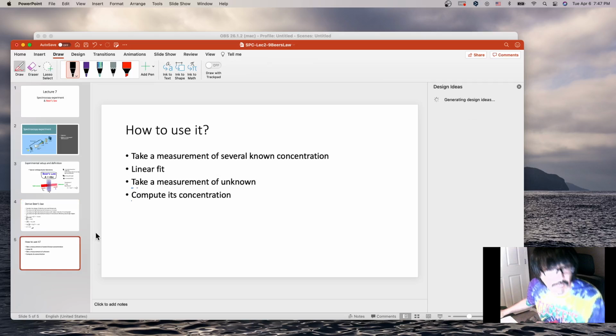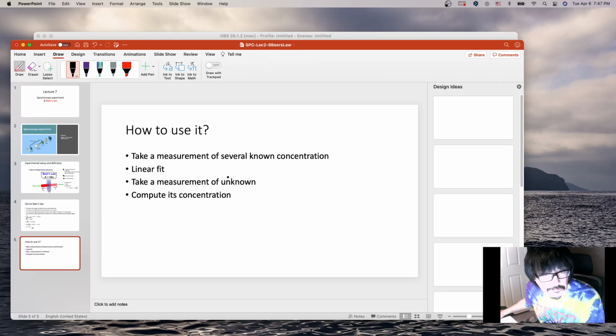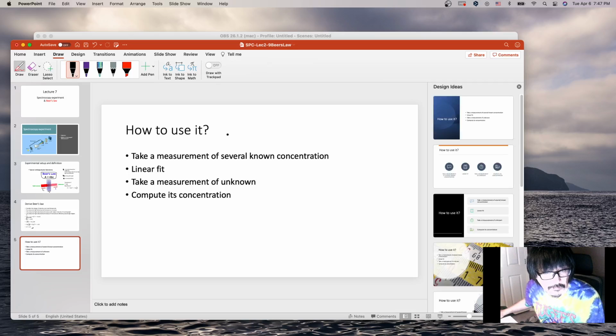So how do we actually use this Beer's law? To use it, you have to find out what frequency of the light is actually absorbed by the sample. That will tell you the information on what type of molecule is in the sample. So that's the very first thing that you're going to have to do.